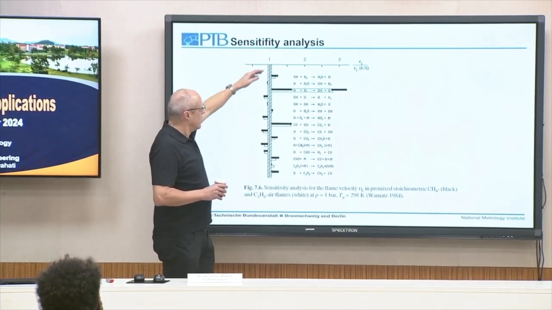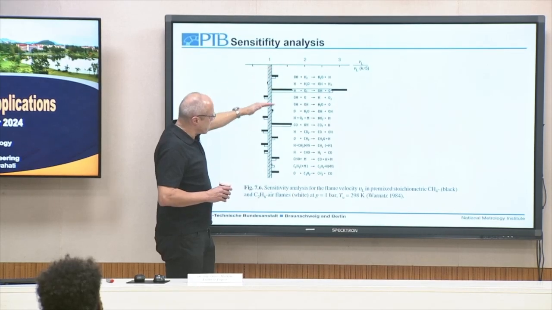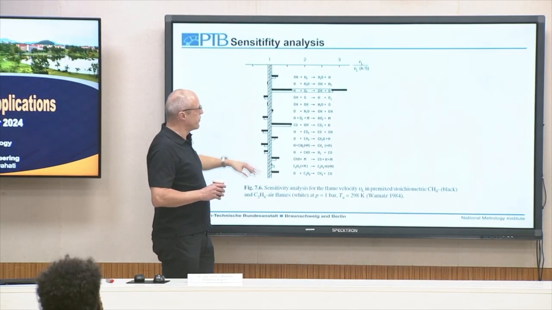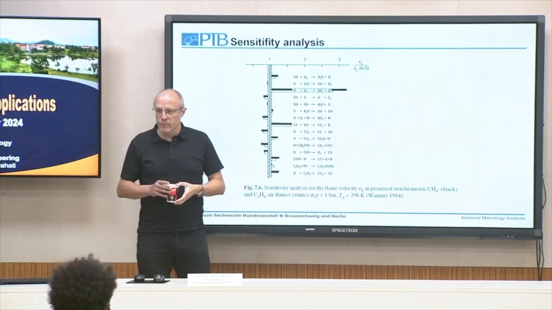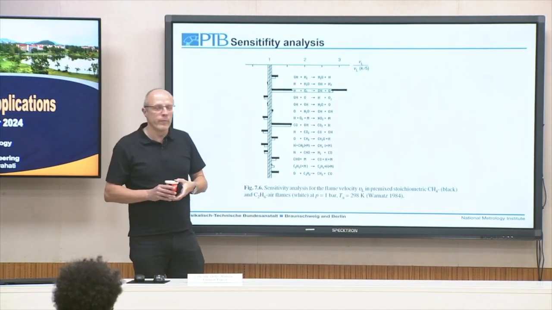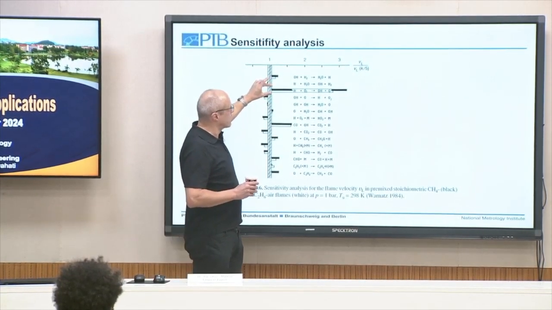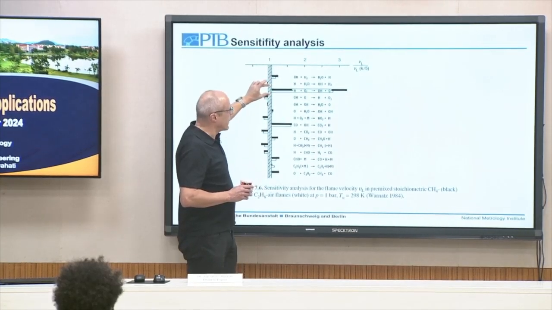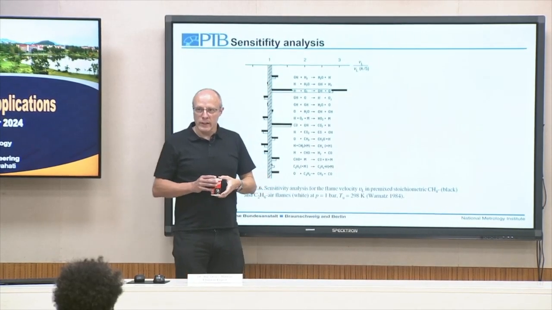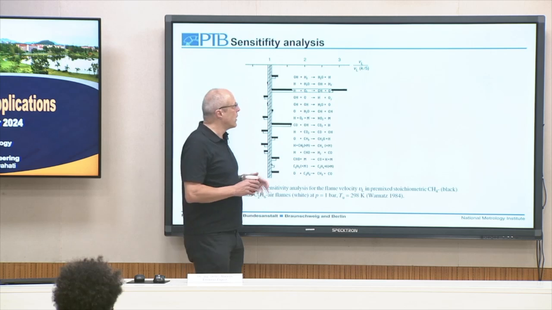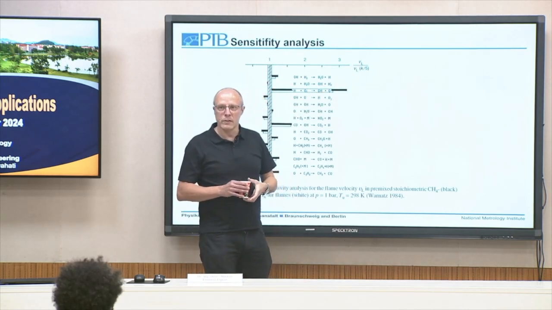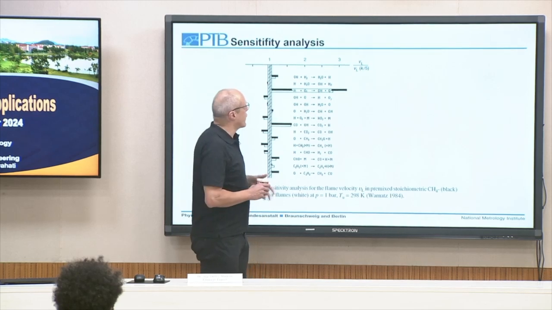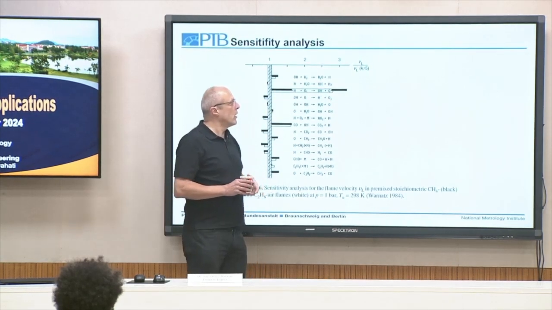And so you see these are the most sensitive reactions we have. As expected, my favorite equation, H plus O2 gives OH plus O. This is the important reaction. If I change this reaction rate, I, for example, here change the flame velocity drastically. So by a factor of 3.